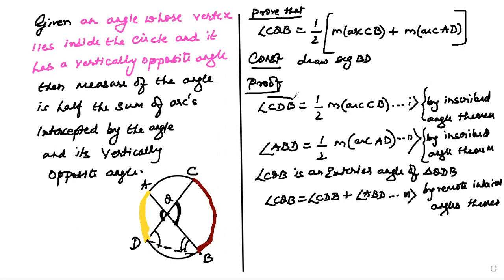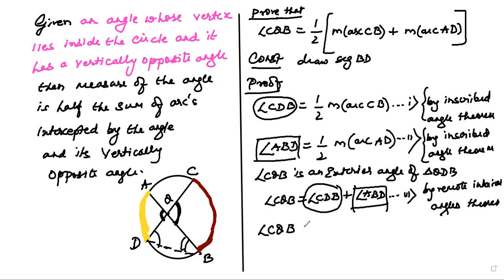So now you can see, children, in place of CDB you can put half arc CB, and in place of angle ABD I can put half arc AD. So what will happen, children? Angle CQB equals half measure of arc CB plus half measure of arc AD. The reason is from 1, 2, and 3.